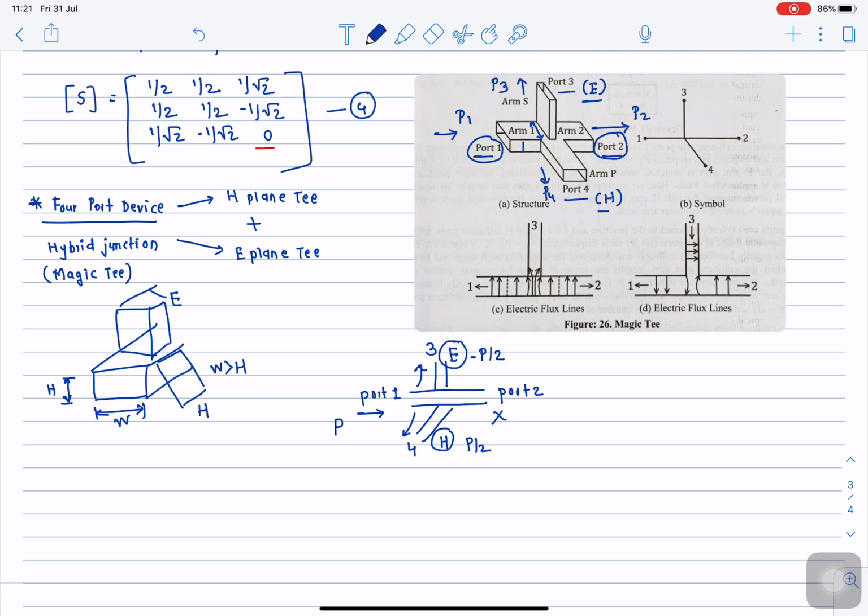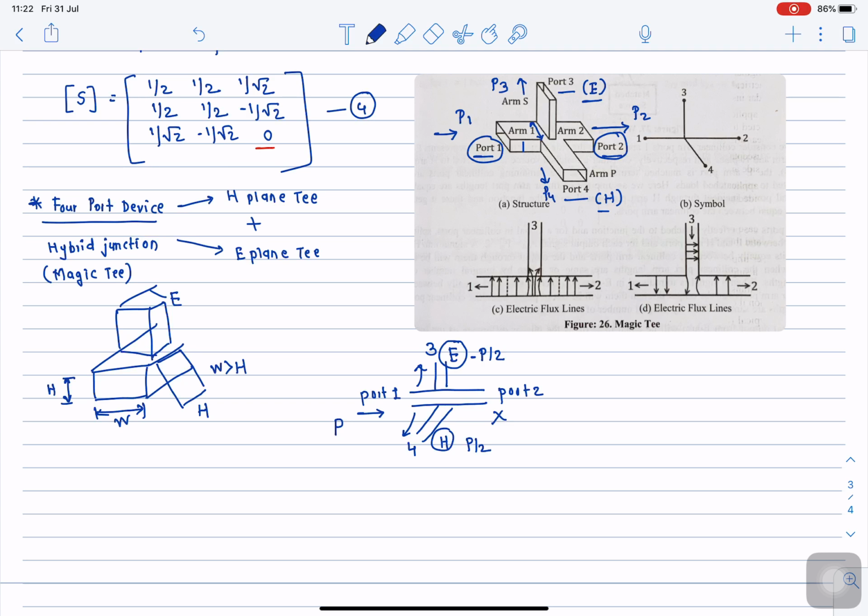The purpose of this device, as we saw in the case of the E plane T and H plane T, is to combine or divide power with equal polarity or opposite polarity. If you want to implement this functionality altogether in one device, we make use of this 4-port device. We call it a hybrid T or magic T.